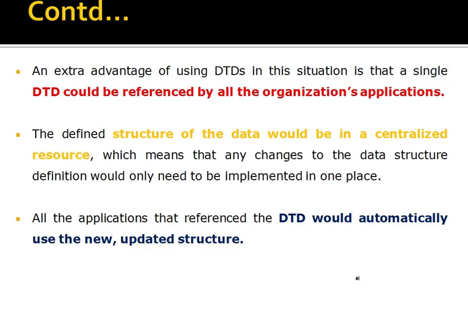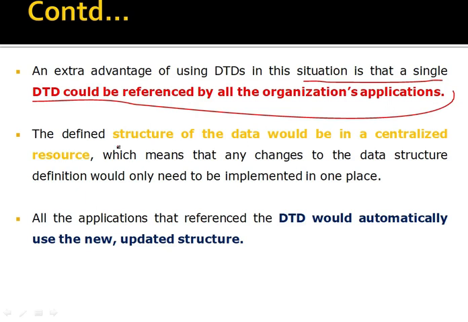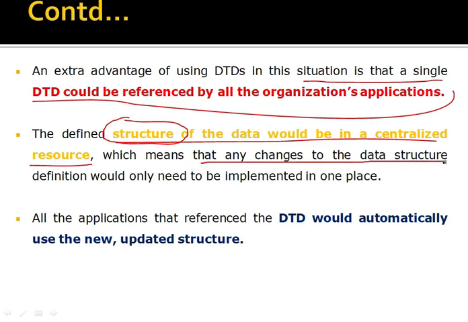An extra advantage of using a DTD in this situation is that a single DTD could be referenced by all the organization's applications. So the defined structure of data would be in a centralized resource that could be referenced by other wings of an organization, which means any changes to the data structure definition would only need to be implemented in one place.